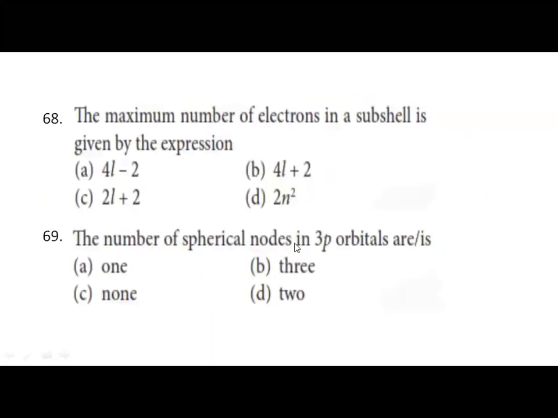Next question. The number of spherical nodes in 3p orbitals. Again, the question on nodes. Yes, there are two types of nodes as discussed. It is radial nodes, which are also called spherical nodes, and planar nodes.